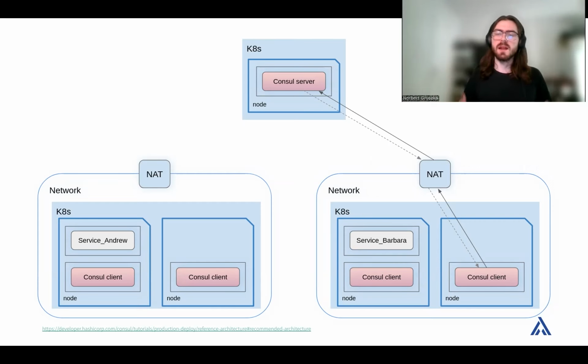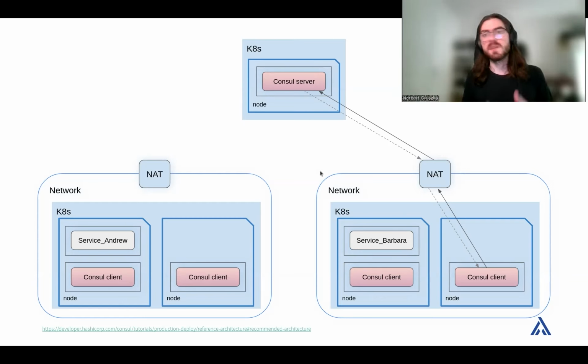And with this classic Consul deployment, when I need to have my client and server and they need to talk to each other constantly, you might be right. It's not going to work simply.